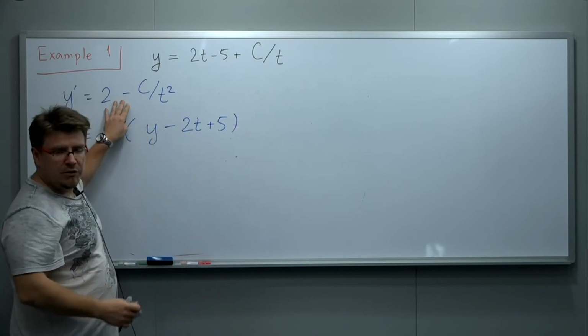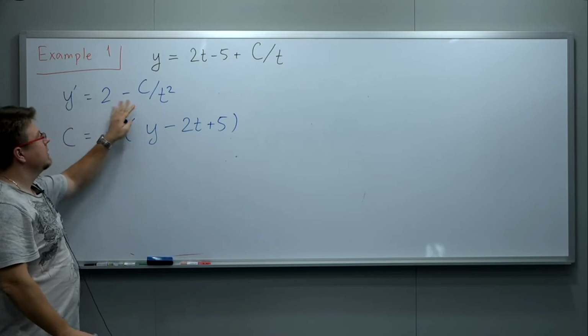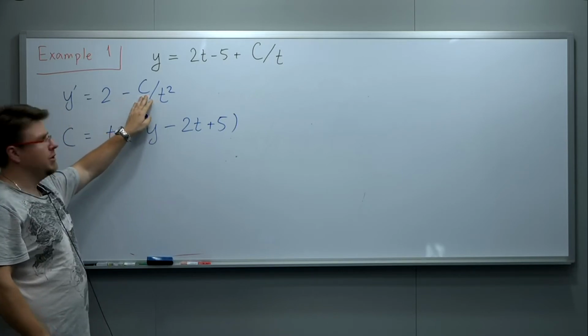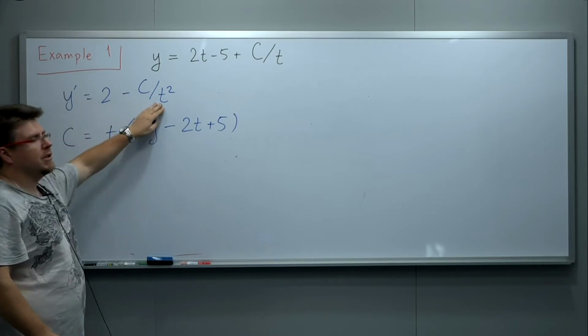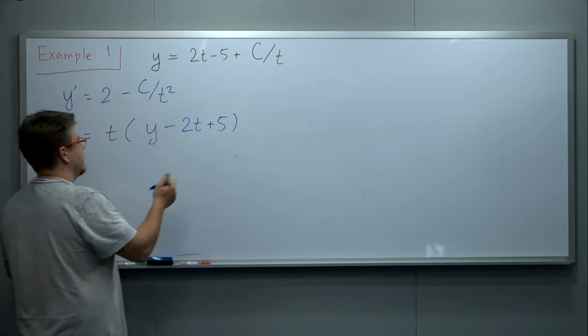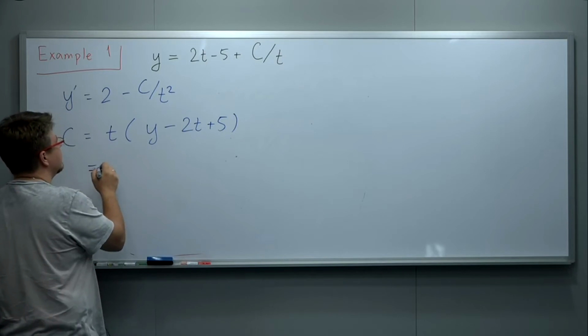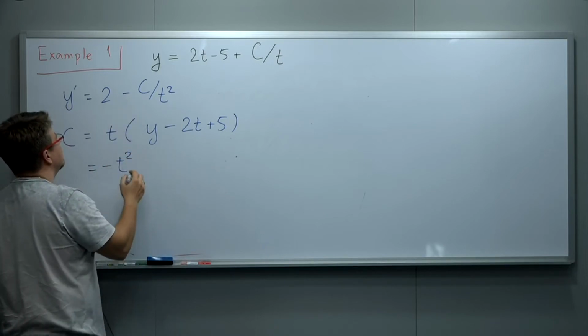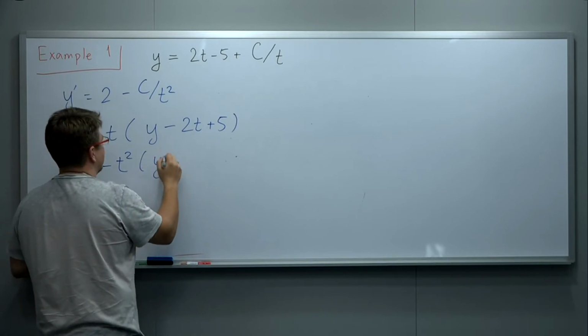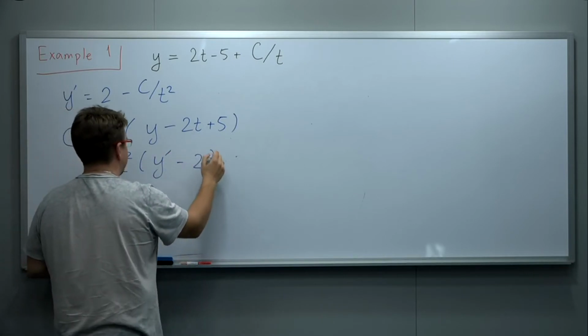From the second equation, to find c, we need to again move 2 to the left-hand side and then multiply by t squared. And so at the same time, this equals, because of the negative sign here, minus t squared times y prime minus 2.